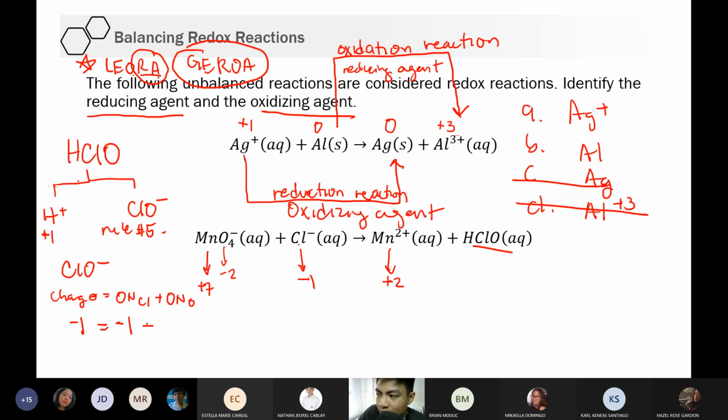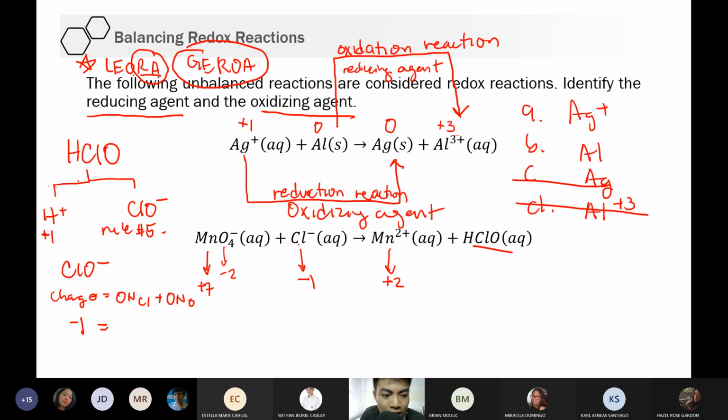And then oxygen, negative 2. Ay, teka, ito pala. Kunwari, ganito yung case, sorry. Chlorine and oxygen yung magkatabi. Di ba may sinabi about sa rules sa kanila? Okay. May sinabi na oxygen is negative 2. Si chlorine, since it is group 7, negative 1 siya.